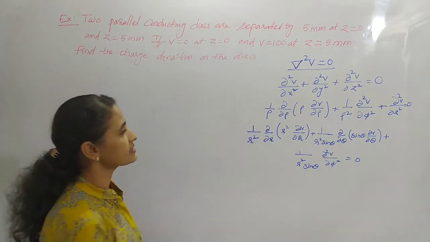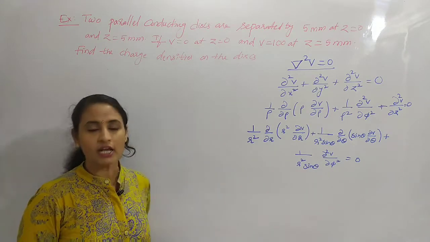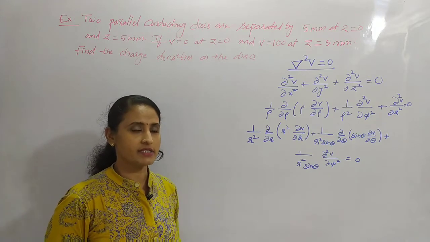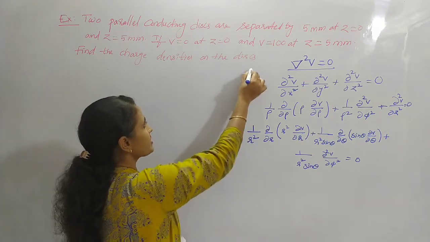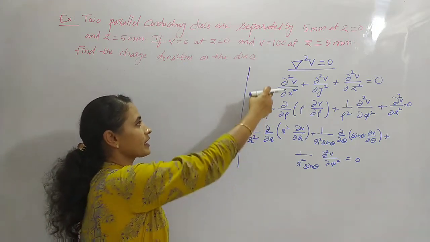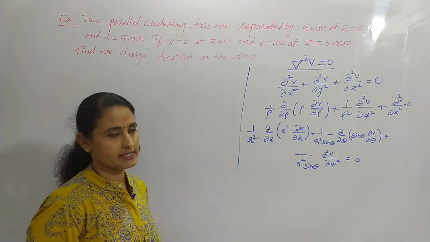This is the Laplace equation in the spherical coordinate system. To solve numericals using Laplace or Poisson's equation, you must know these Laplace equations in all three coordinate systems: Cartesian, cylindrical and spherical.